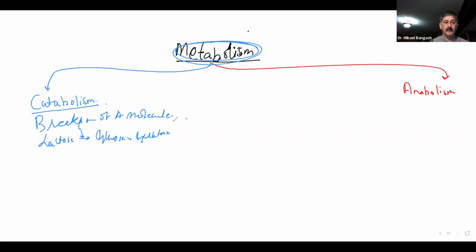Or even inorganic compounds or molecules being broken down into elements will be catabolism. So mainly the breakdown phase of metabolism is called catabolism.